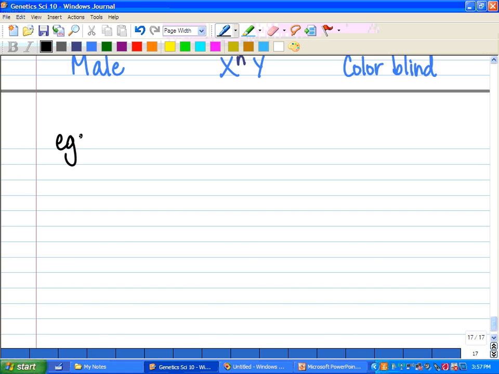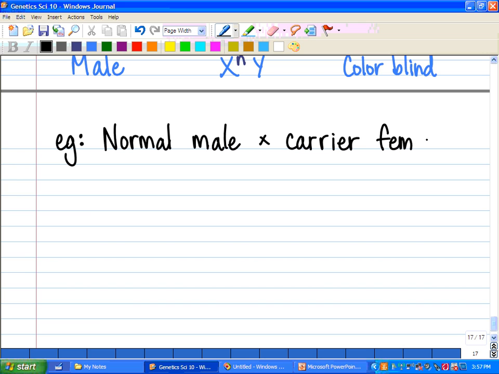Let's do this. I'm just going to make something up on the fly here. Let's take a normal vision male, so dad has normal vision, and let's cross with, I mentioned this term, but let's write it down officially, a carrier female.